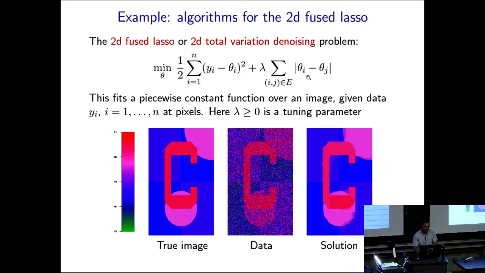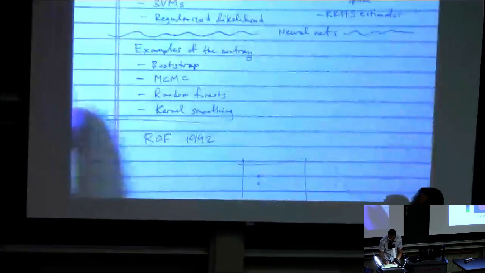And we're going to penalize the absolute value of the difference between theta_i and theta_j over all pairs i and j that I'm writing as an edge. And really all I mean by that is that we're going to say there's an edge between pixel i and pixel j if they're vertically or horizontally adjacent.